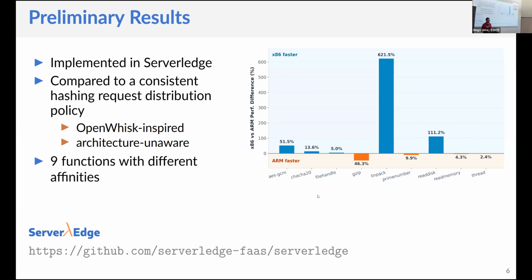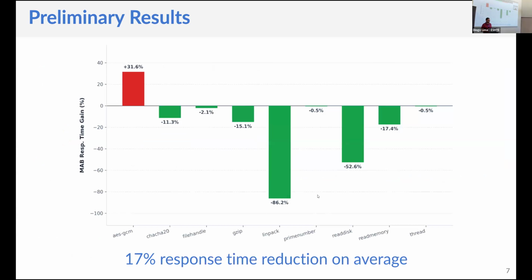Some functions are significantly faster on x86, some functions are equally fast on both architectures. Our results show that for almost every function, our approach is able to reduce the response time. On average, we have a 17% response time reduction compared to the default OpenWhisk approach, which is not aware of the architecture.